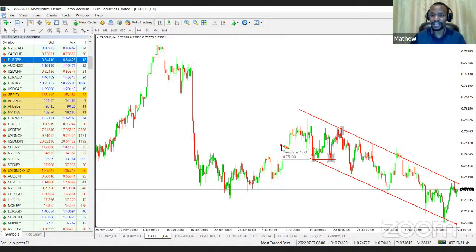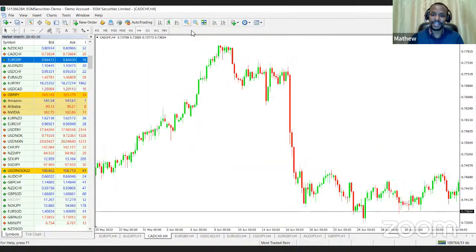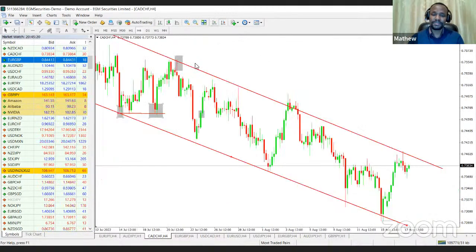Check out the pattern and then look at where the price is reversing or changing direction. In a channel, a trader is looking out for the price oscillating between those levels. At the point where the price is getting resistance or reversing, that's where we use the pin bars to strengthen our case on where we're going to enter the market.